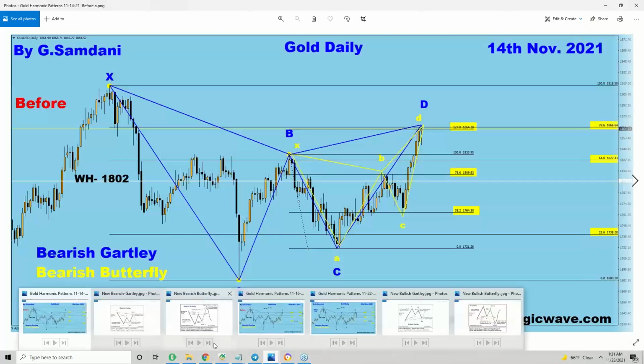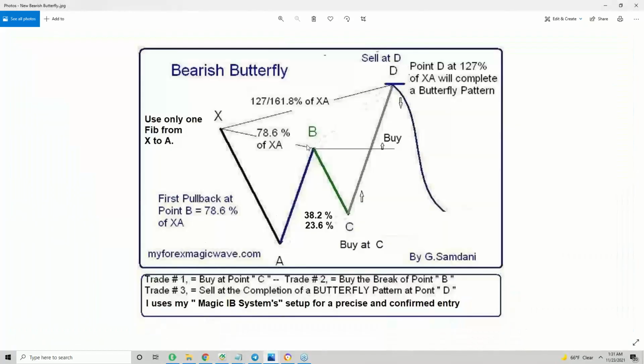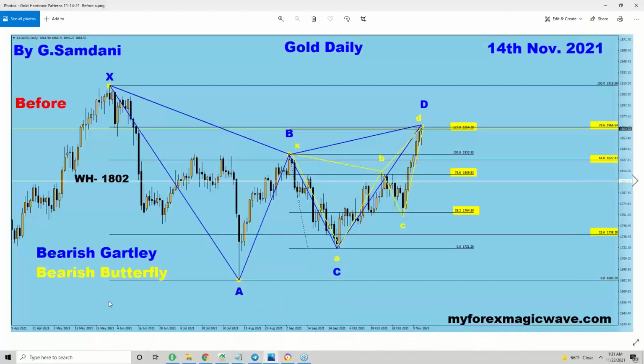The butterfly pattern looks like this. X, A, B has to be 78%, C around either 23% or 38. In my case, it bounced from 38, and then it's supposed to go either 127 or 167. So it ended at 127, exactly at 78% of the Gartley pattern right there.